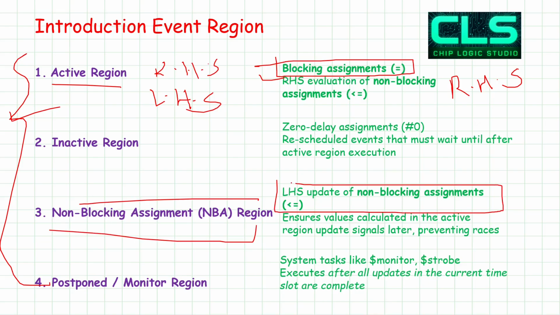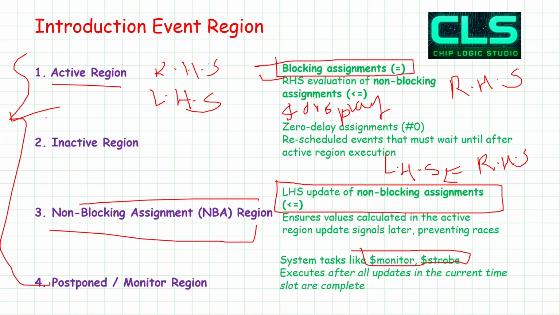So the full execution of NBA, or non-blocking assignment, is in the NBA region. $display will execute here in the active region, and $monitor will execute here, as you can see. So these are the things we need for blocking and non-blocking assignment.